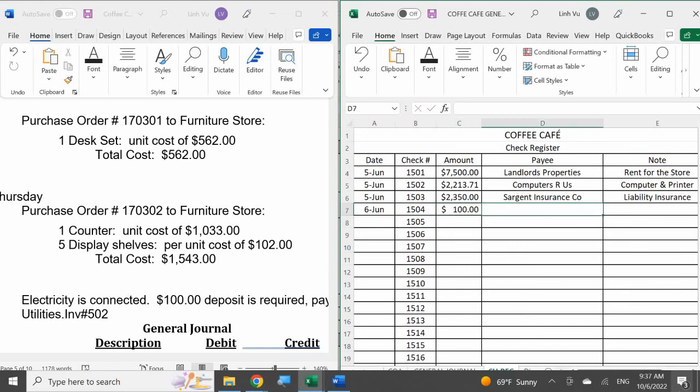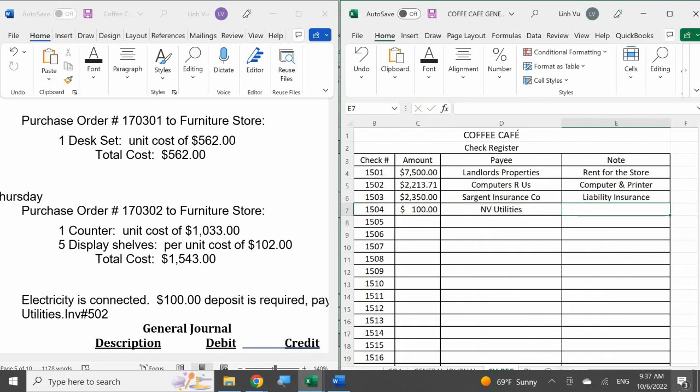To who? Nevada Utilities. What for? To turn on your electricity. Yep, electricity deposit.